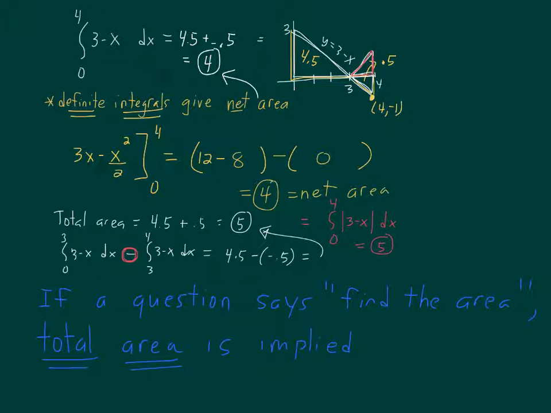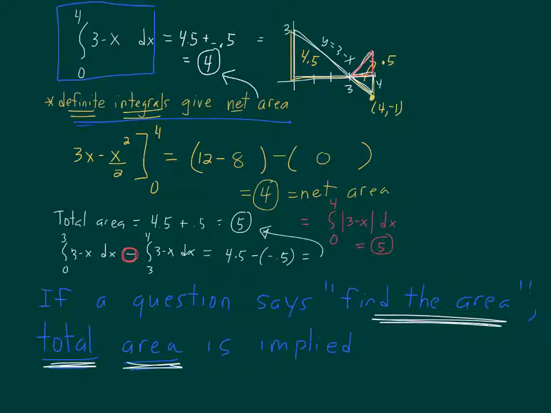Okay, so one more thing here. If a question says find the area, so if it's some sort of a word problem and it says find the area, if you're wondering, well, is it net area or total area? Well, find the area, what's implied there every time is total area. Okay? It's when you see these definite integrals, it's not saying find the area, it's just saying evaluate this definite integral.